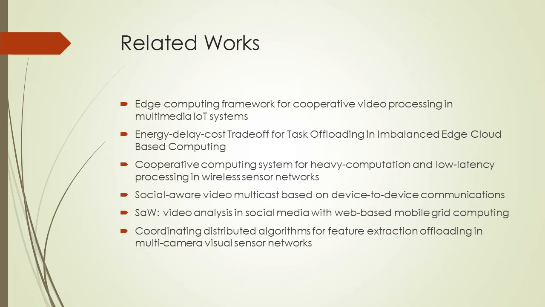In energy delay cost trade-off for task offloading in imbalanced edge cloud-based computing, the joint offloading decision and resource allocation problem were discussed for the imbalanced edge cloud-based computing offloading with multiple mobile users and multiple tasks per mobile user.